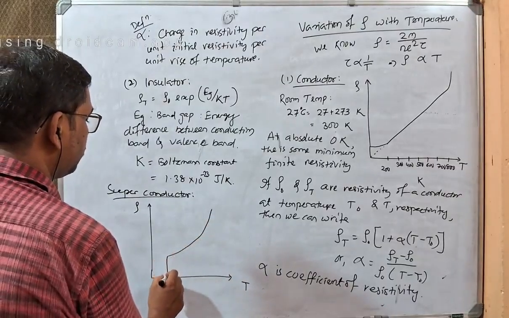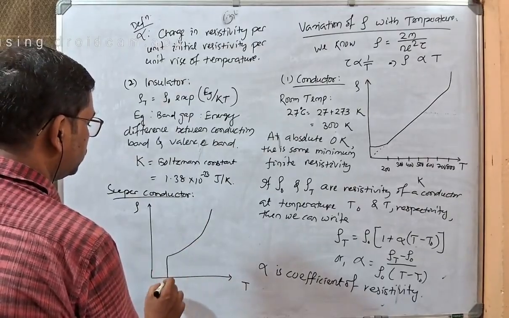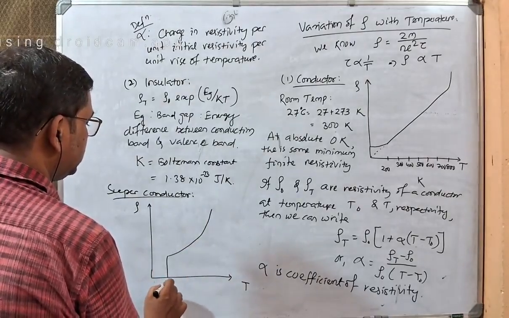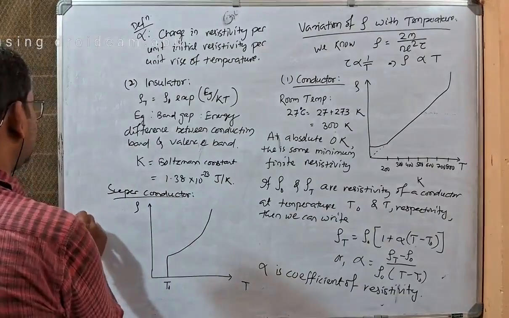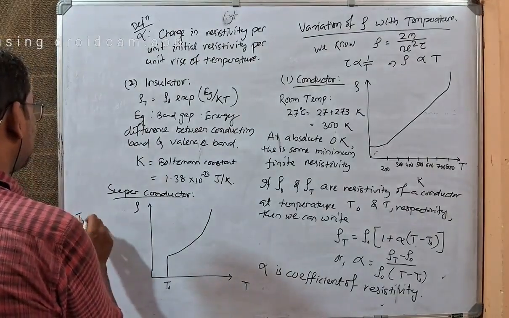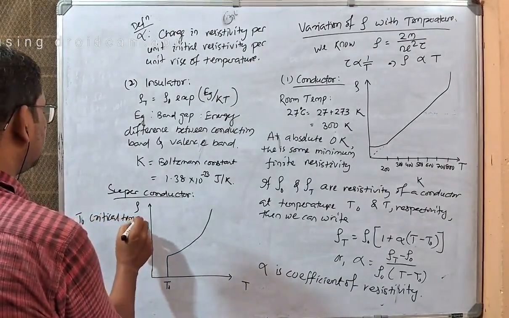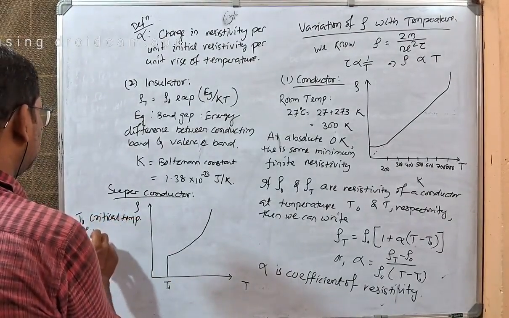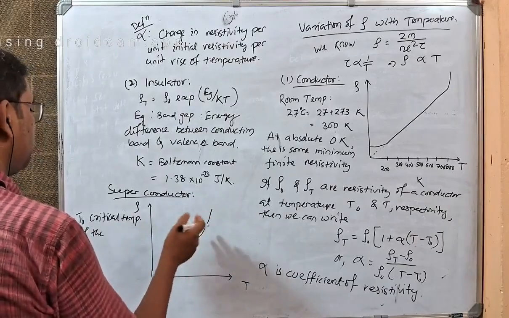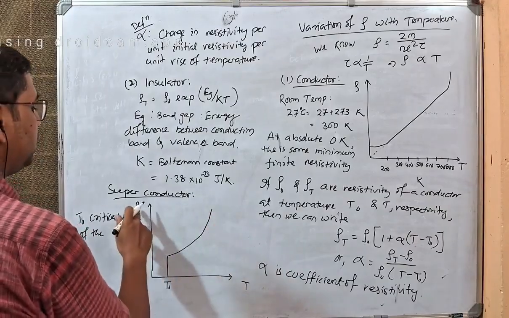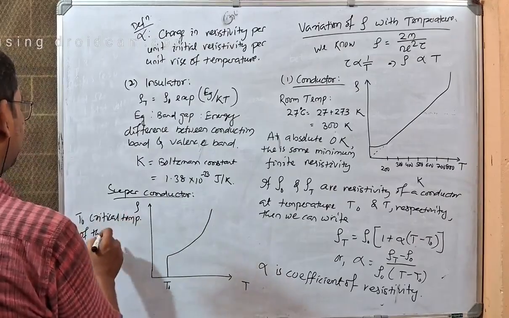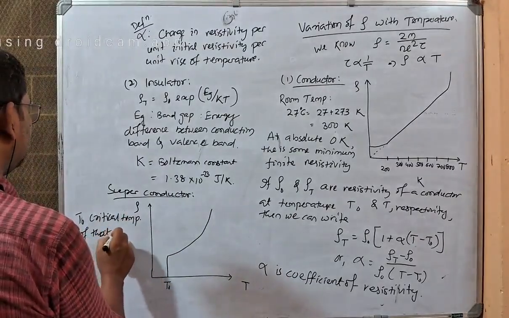Suddenly, at a certain point, resistivity drops to 0. This T0 is known as the critical temperature of that material, for whichever material we are calculating the relation between rho and T.